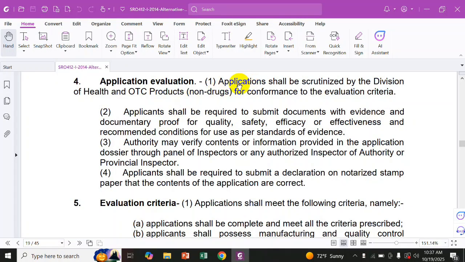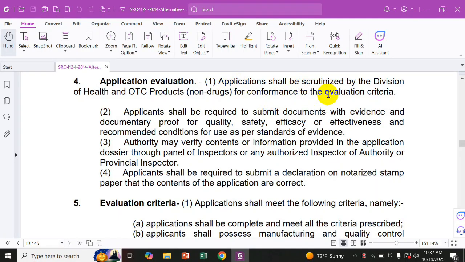Next is application evaluation. Application evaluation is the most important thing to be considered. Why? Because if these parameters are considered, it is very easy to register our nutraceutical product. So what are the points?